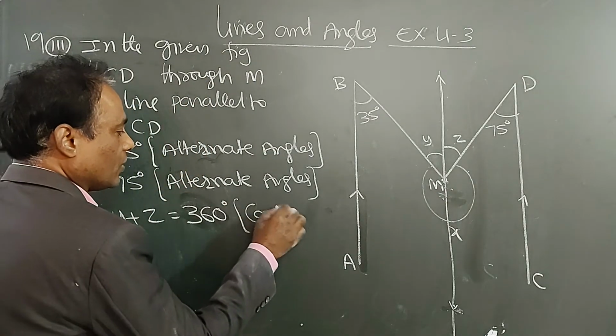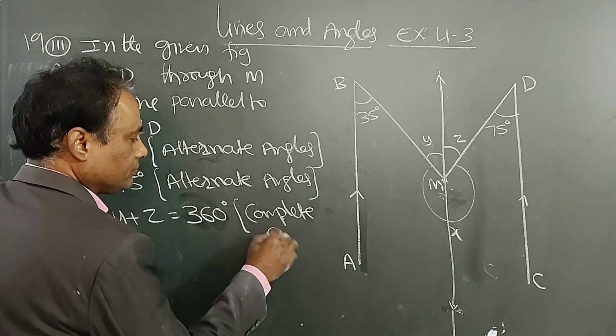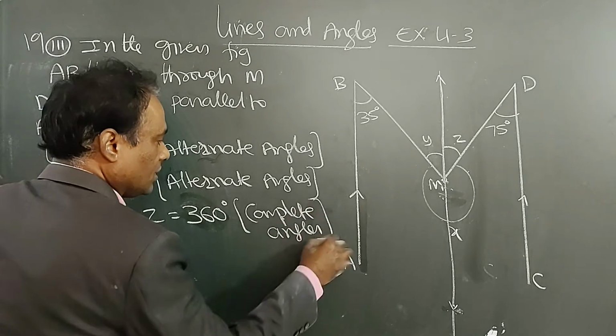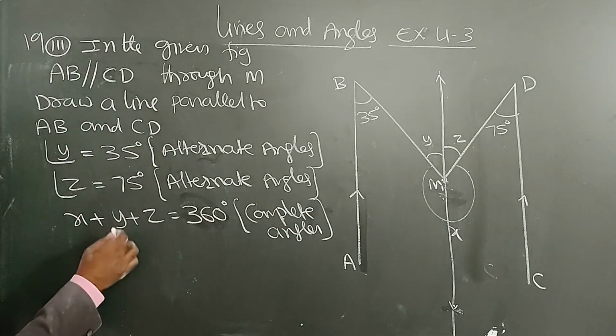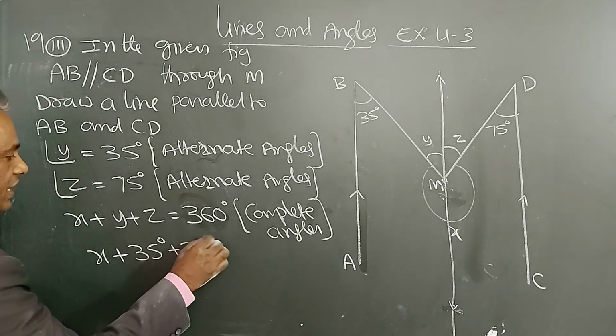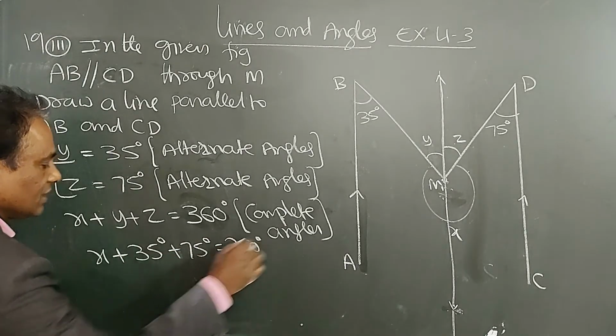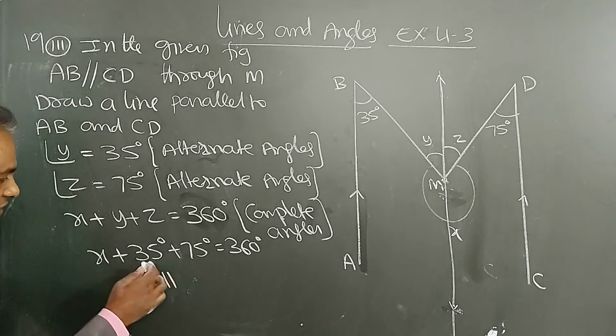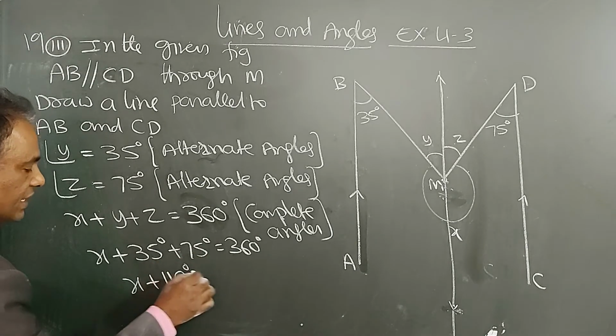Complete angle, one rotation. So X we don't know, we have to find. Y is 35, Z is 75, equal to 360. So X plus 35 plus 75, that is 110.